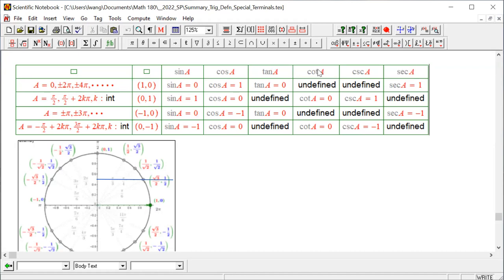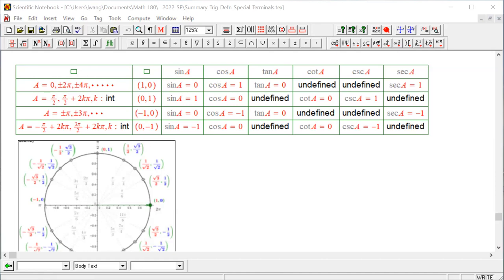So for sine is 0, cotangent is undefined at 0, 2 pi, 4 pi, right? Cosecant, and those are undefined. So this is actually leading us to our future discussions about domain, okay?